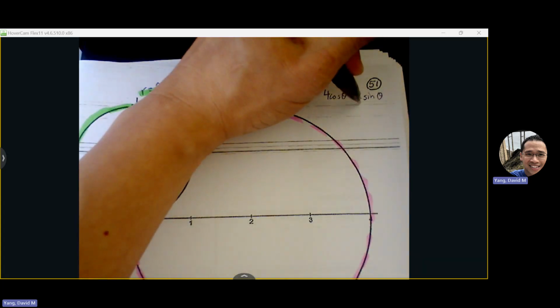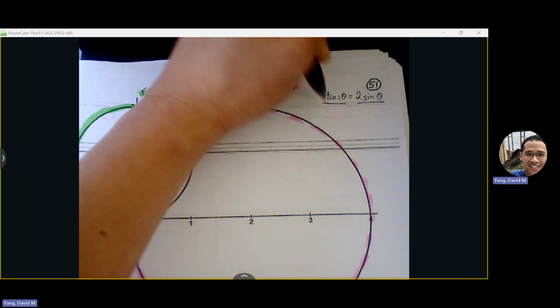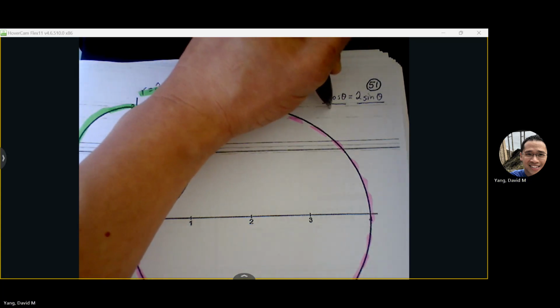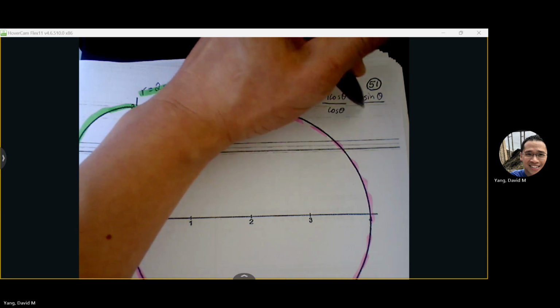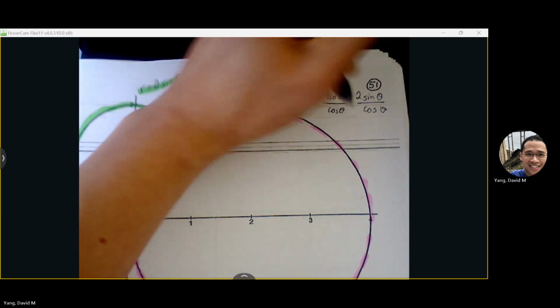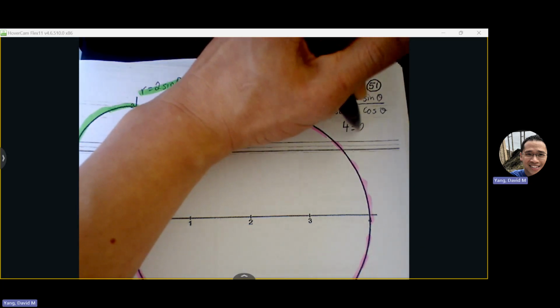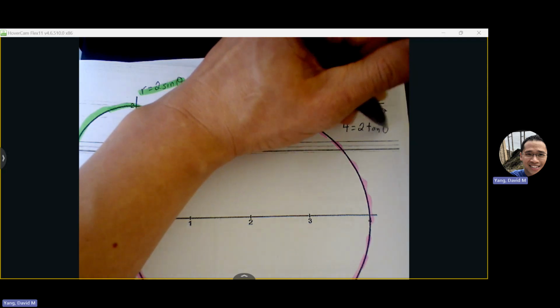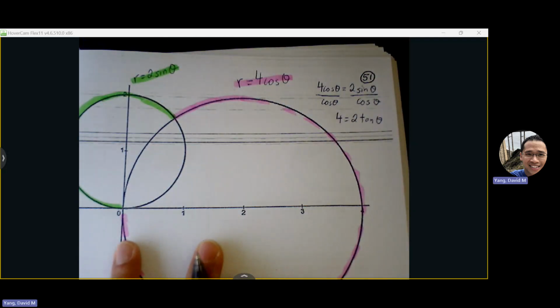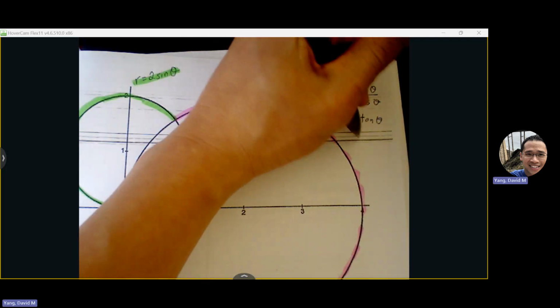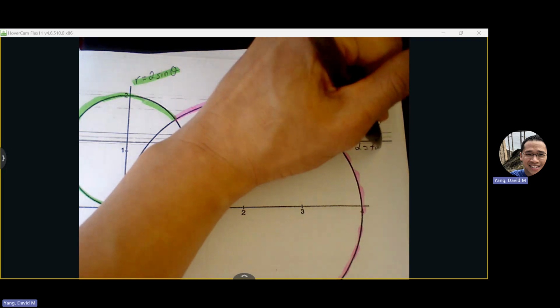So what if I divide both sides by cosine theta? So I get 4 is equal to 2 tangent theta. Therefore, divide both sides by 2, and 2 is equal to tangent theta.